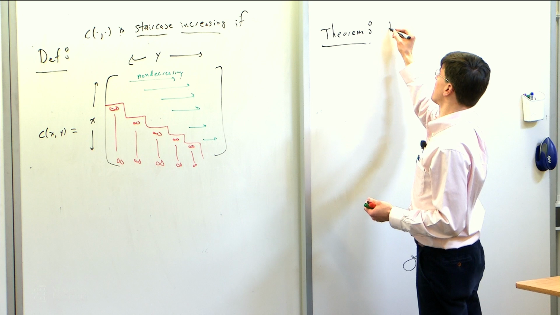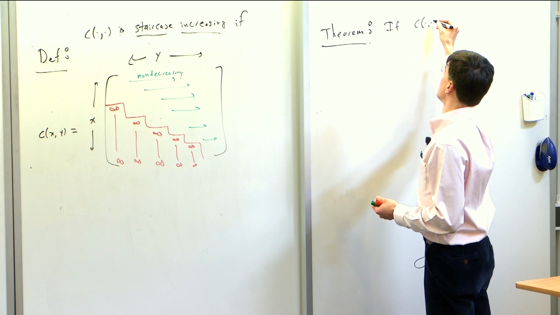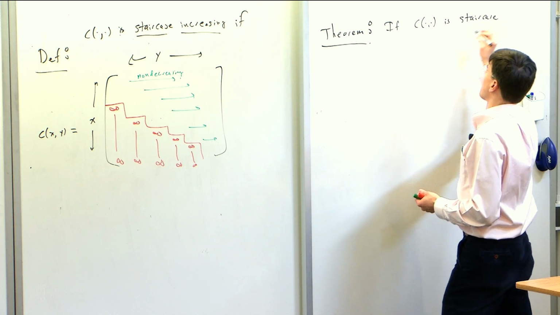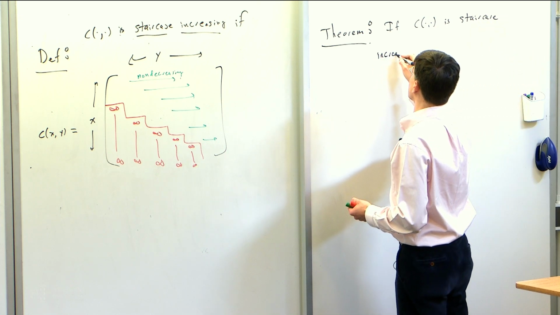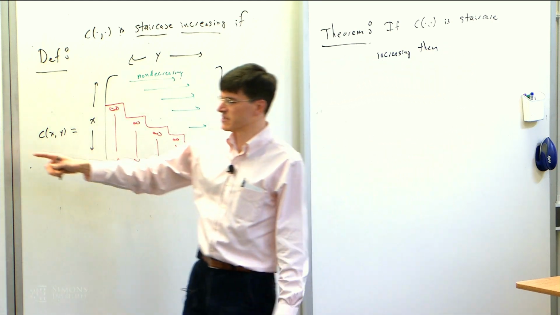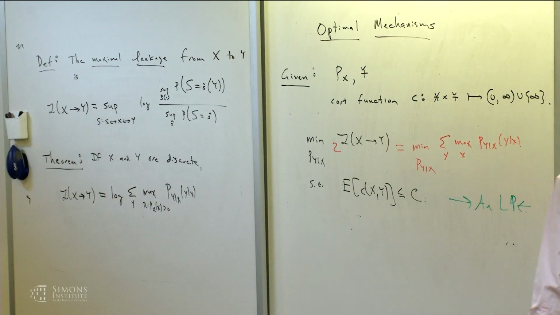Okay, so the theorem is: if our cost function is staircase increasing, then the Lagrangian of this is minimized by deterministic mechanisms.